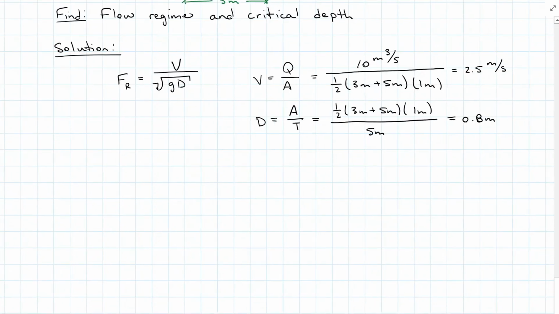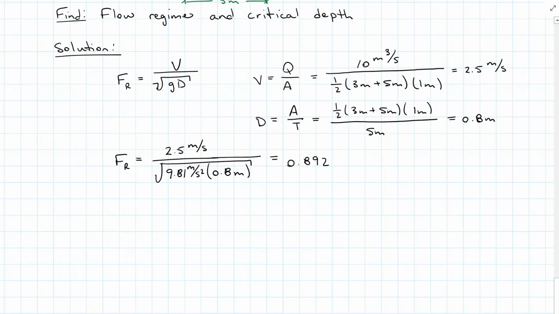Plugging that into our Froude number, I'm going to have 2.5 meters per second all over gravity and the hydraulic diameter. And we end up with a Froude number of 0.892, and that is less than 1, so we are at subcritical flow.